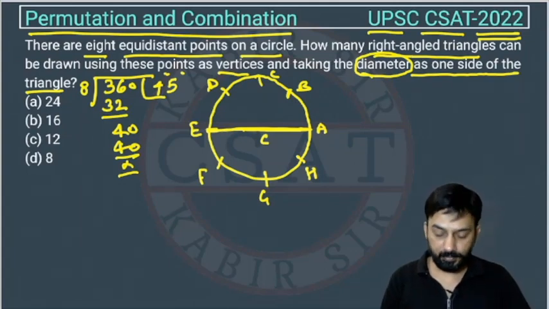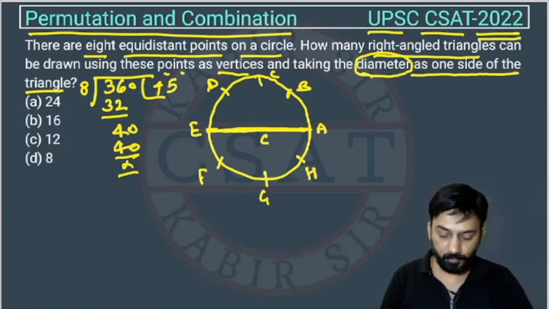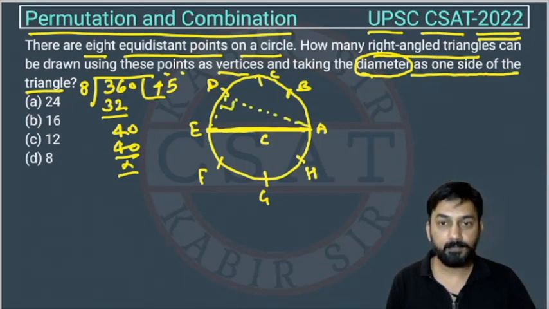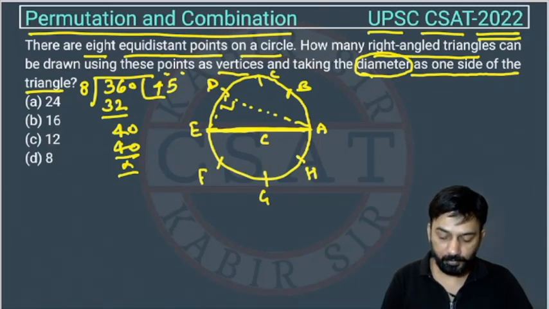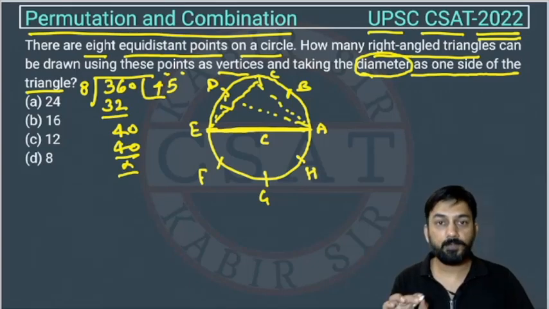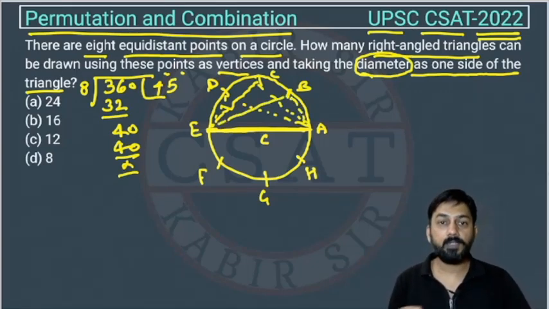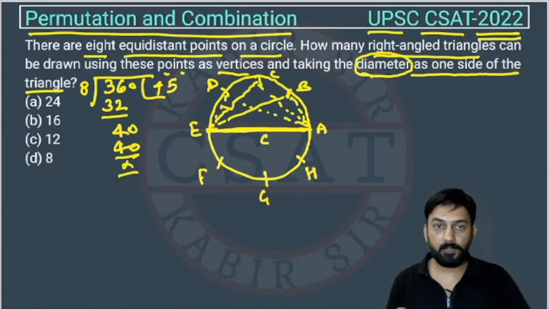The property is that if we are taking this diameter as one side, right, so any angle you will draw on this side, right, with this point, suppose you are drawing this triangle, right, this one, so this will be right angle triangle. Similarly, if you will draw with this point, this will also be right angle triangle. If you are drawing with this point, this will also be right angle triangle. So this is a property of circle.